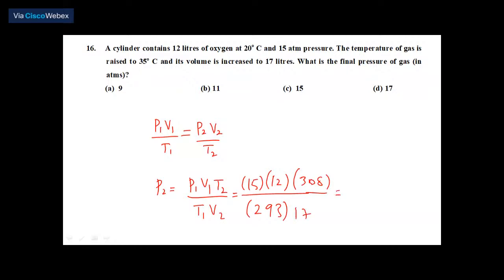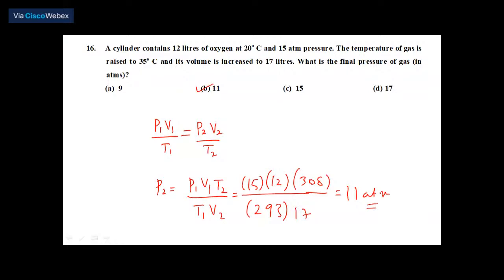You find the approximate value. You can retain 15 and 12, and 17 can be reduced to 15, 308 to 300, 293 to 290. Okay, to work it out, you'll get 11 atmospheres approximately. So P2 is found to be equal to 11.